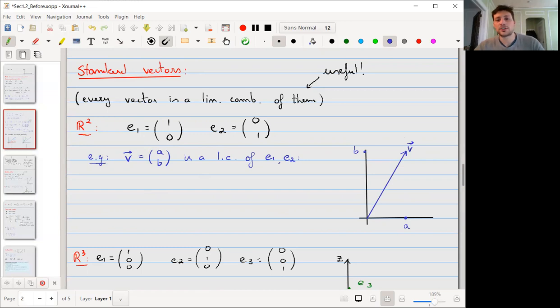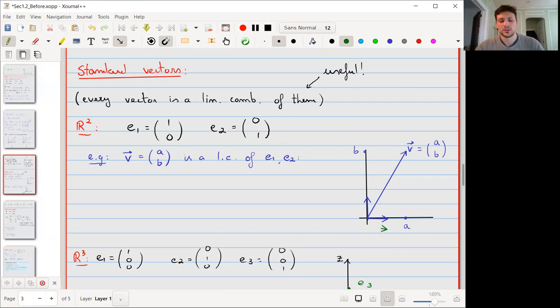If I have a vector v, which is given by components a, b, it's drawn like this in the plane. And let's suppose that I have my two standard vectors, E1 and E2. Those are the vectors whose components are 1 in the first entry and 0 in the other, and E2 is 0 and 1.